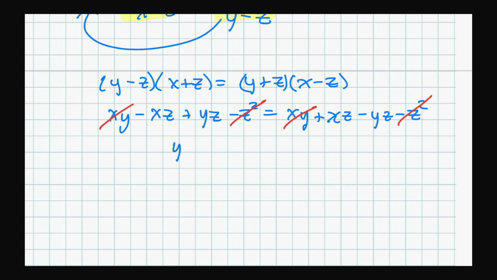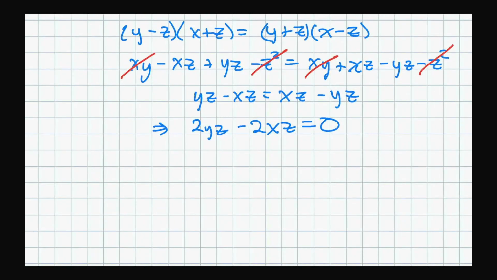So what do we have? On the left-hand side, yz minus xz equals xz minus yz. You can factor a z out of both of these. Or if we put everything on one side of the equation, you're going to get 2yz, when you move this over, and minus 2xz equals 0.